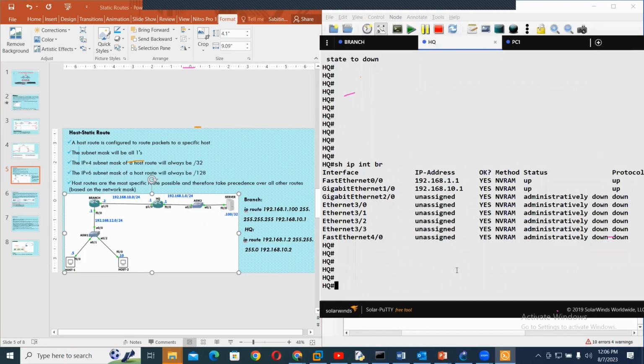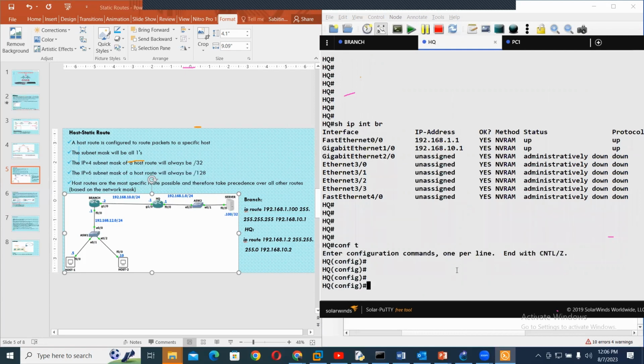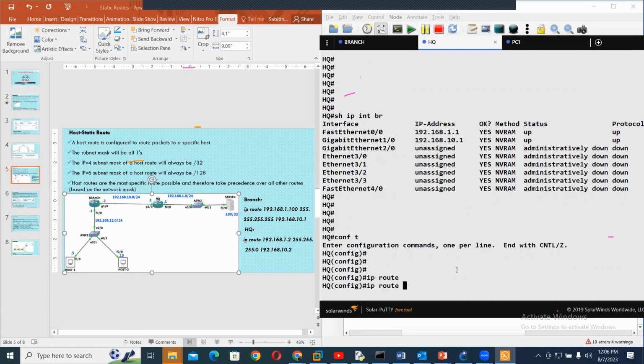On HQ, ip route 192.168.12.0 255.255.255.0.